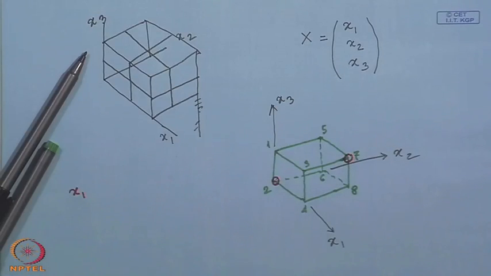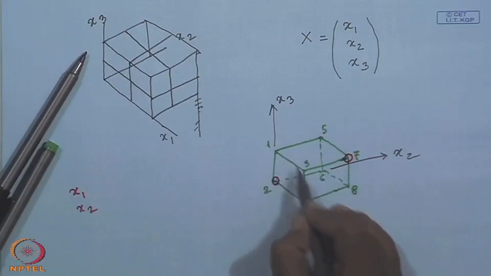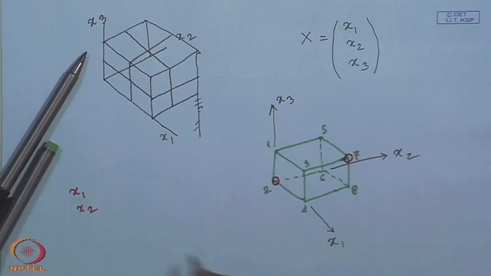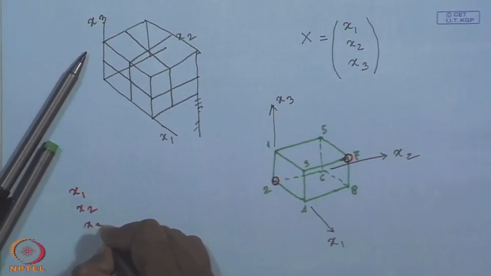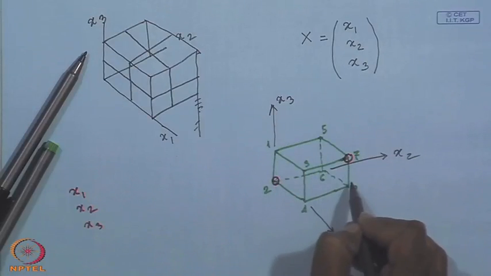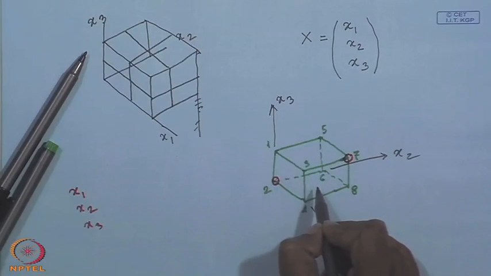X 2 component will be the minimum of x 2 components of all these vertices. X 3 component will also be the minimum of x 3 components of all these vertices.